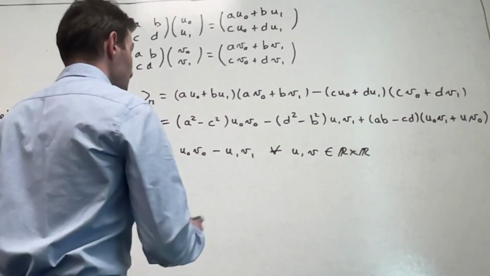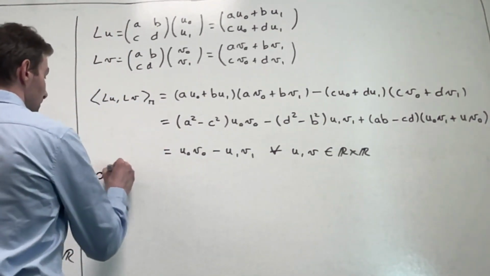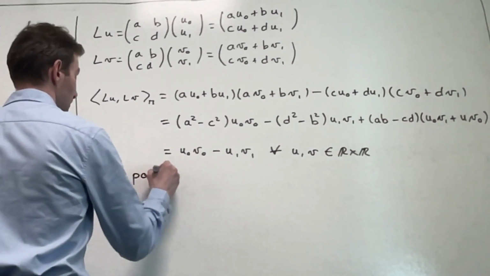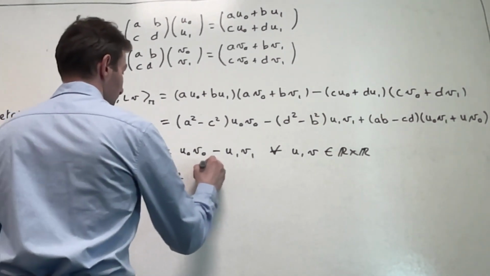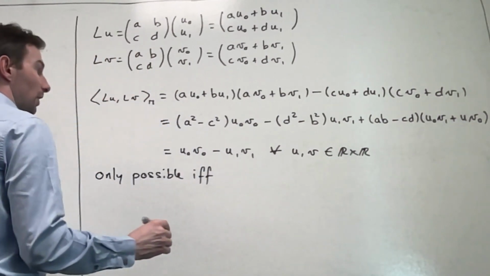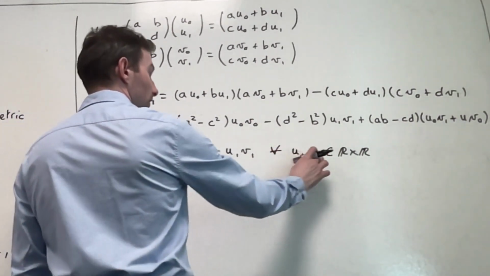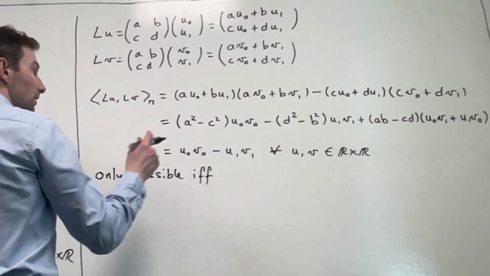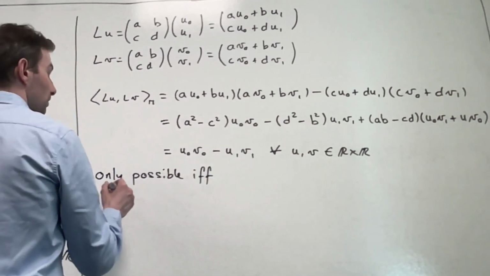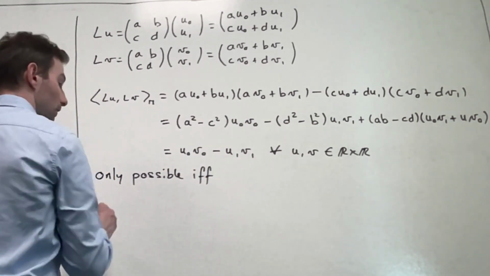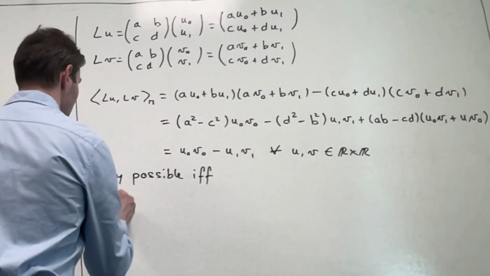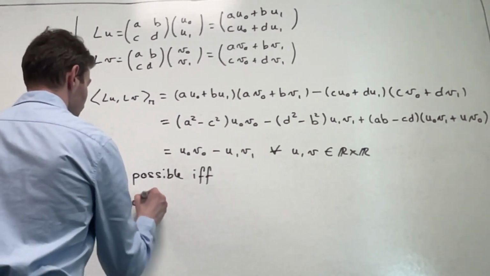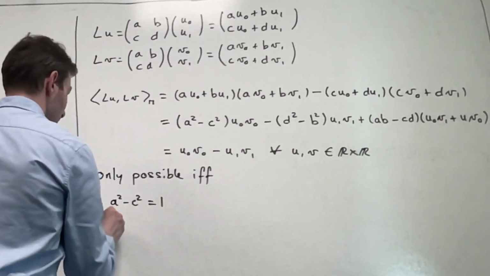And so this is only possible if the following equations are followed. So A squared minus C squared is equal to 1.